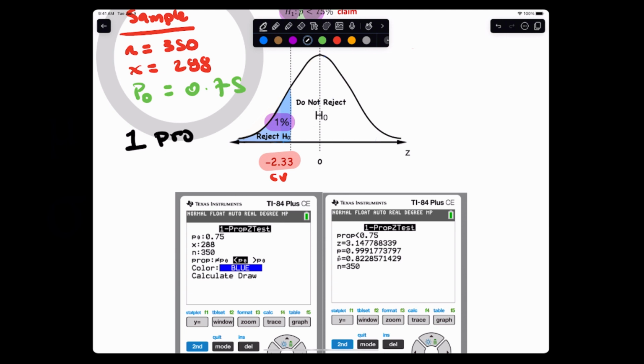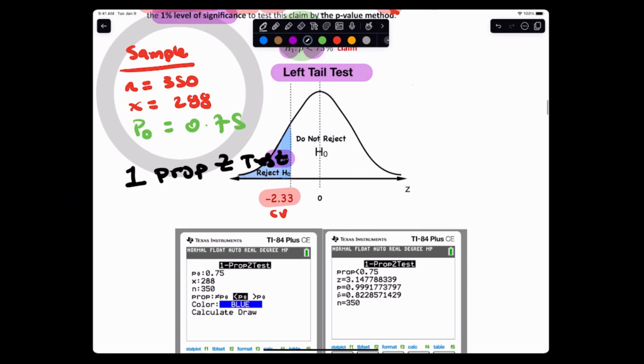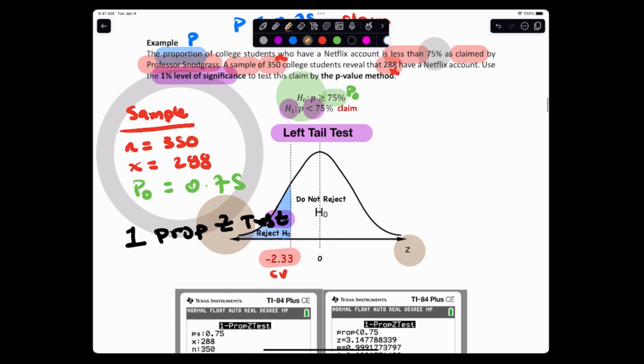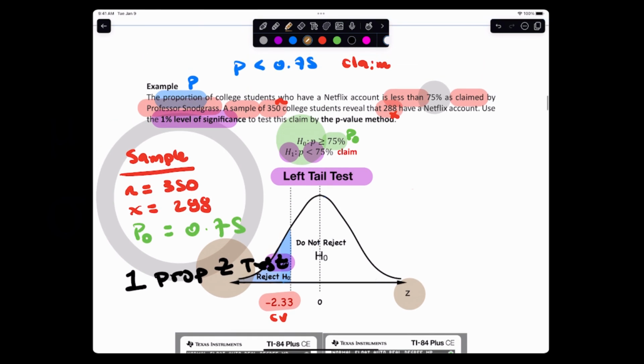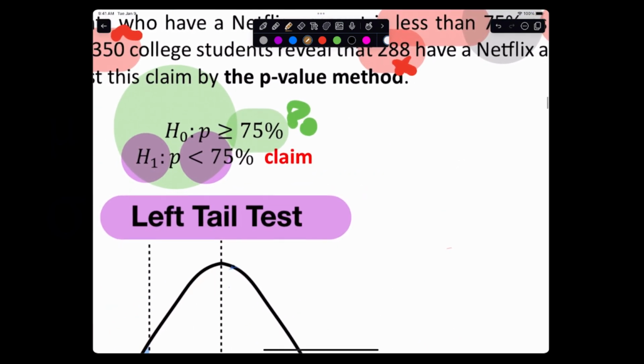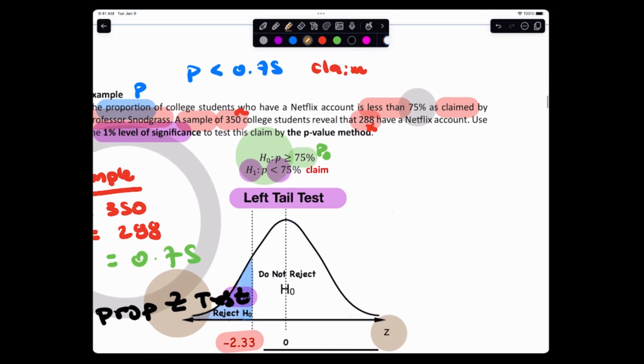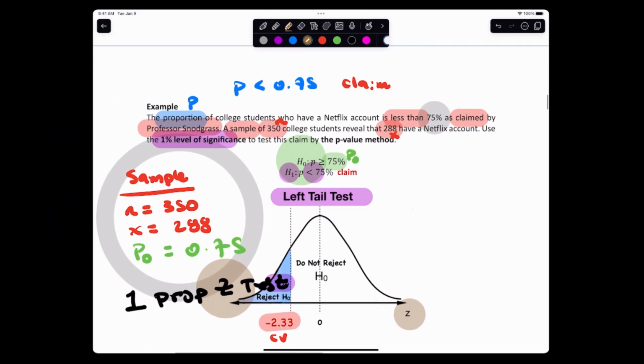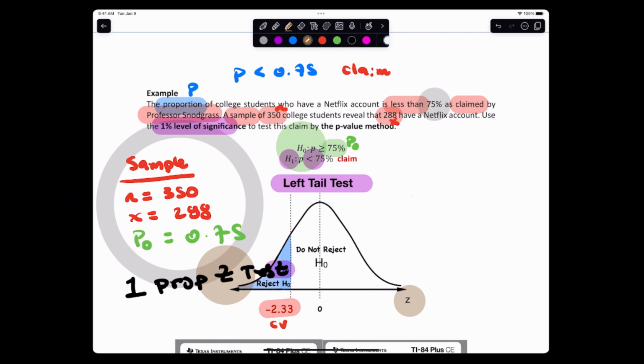Now, you might say, why is that a z-test? Because you're using the standard normal distribution right over here. That's what the z stands for. And why is it one proportion? Well, because this is a hypothesis test about a what? Proportion. There's one proportion. So in the TI, that's the one proportion z-test.